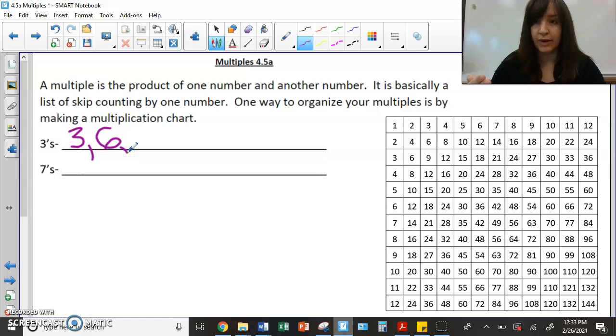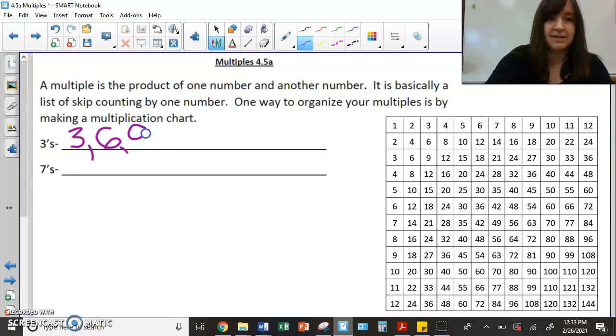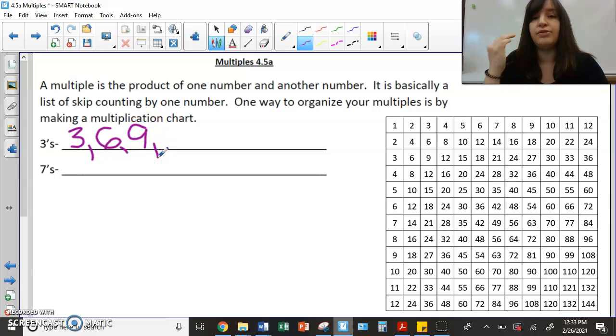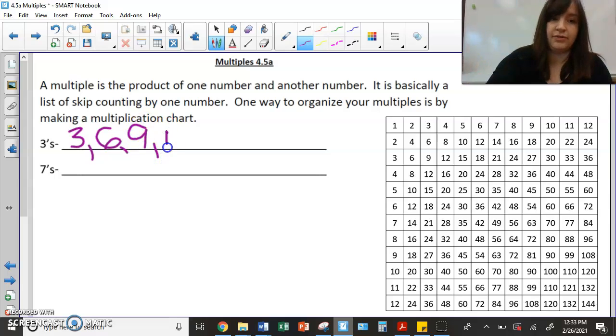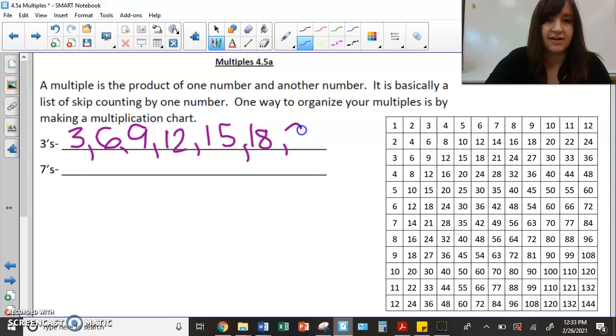Then 3 more than 6 is 9. Then 3 more than 9 is 12. As you can see, I continue in a pattern of adding 3 more each time, which is showing a list of my multiples. Okay, go all the way to 24.